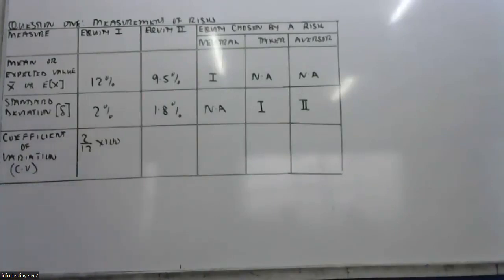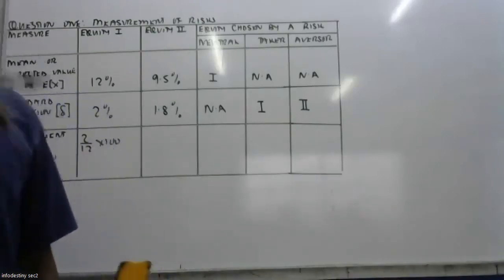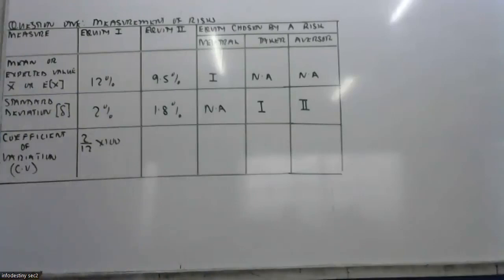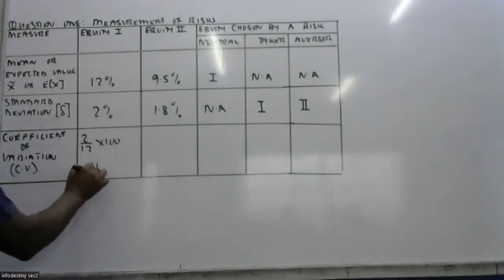You get the standard deviation, you divide by the mean, you multiply by 100%. For equity 1, that gives us 16.67%.